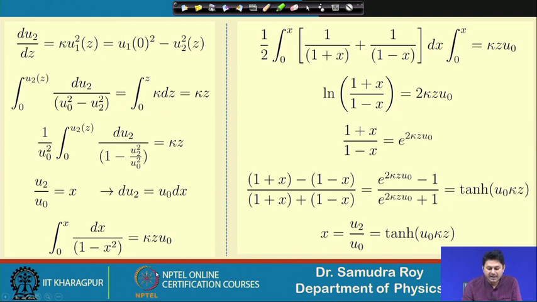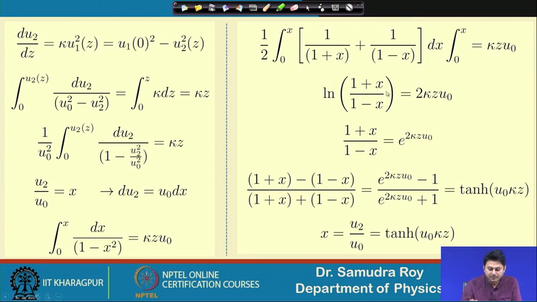So, the integration of this part is log of this quantity, and the integration of this part is again log, going from 0 to x. That is why I can write it as log of 1 plus x divided by 1 minus x, by putting the boundary conditions 0 to x.